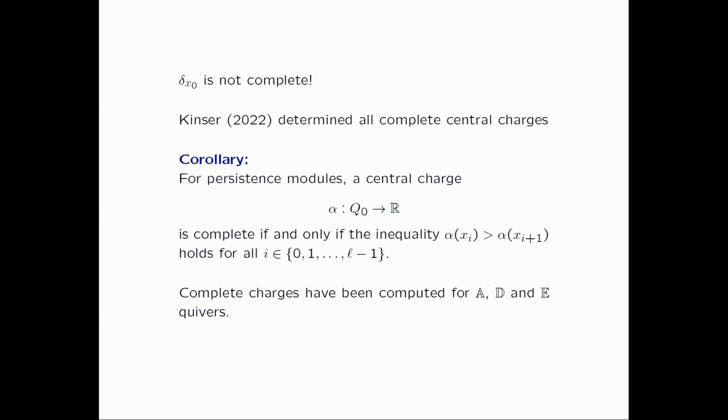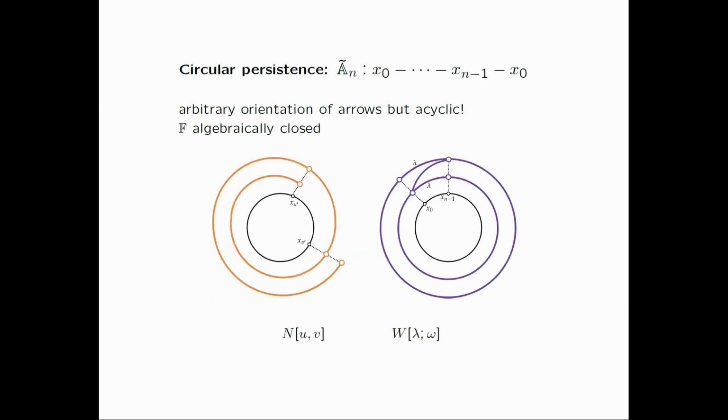And as a corollary, what one gets, a charge, in other words, a mapping from Q0 to R, is actually giving us a complete invariant if and only if we have the inequality that the source of the edge has a higher slope than the target. And similarly, complete charges have been determined for these other types, D and E. All right, so that's a complete picture, really, and makes some more sense.